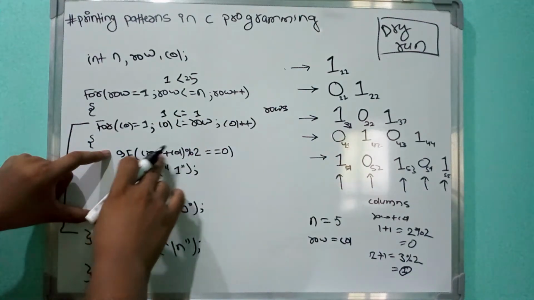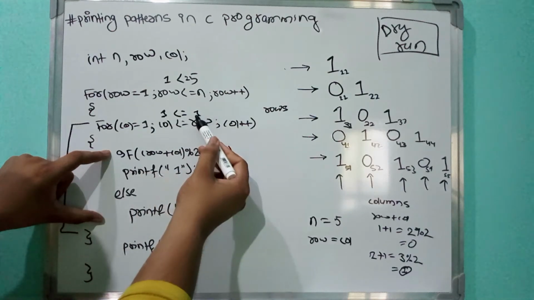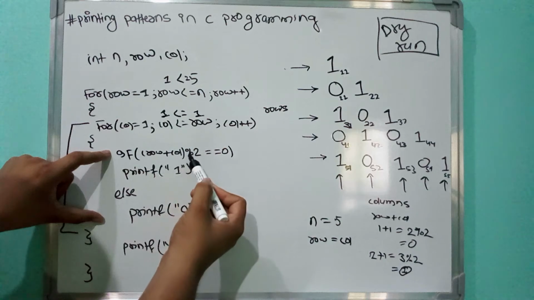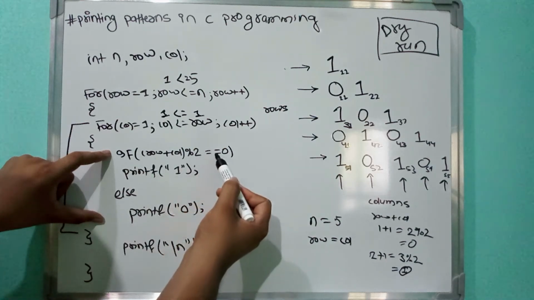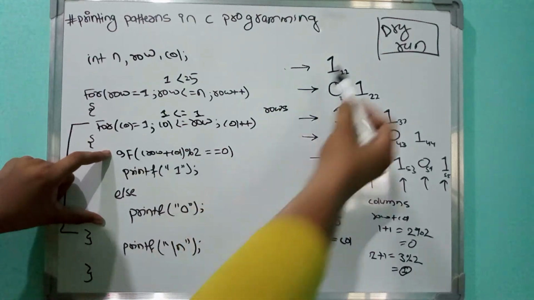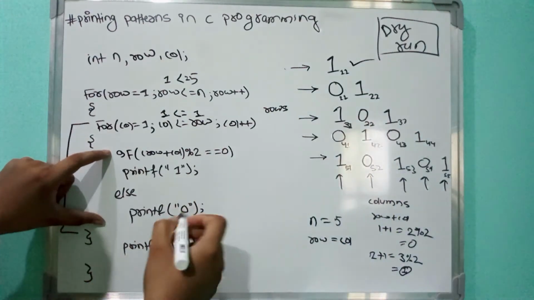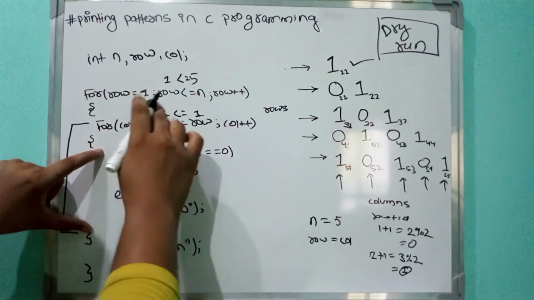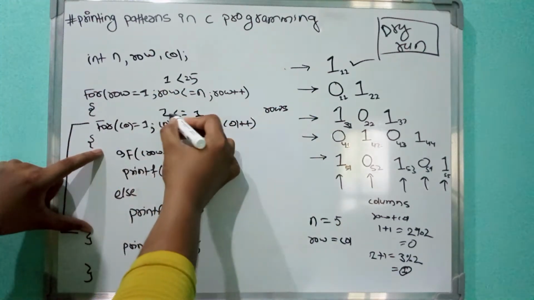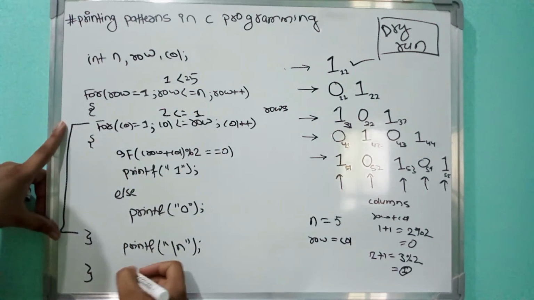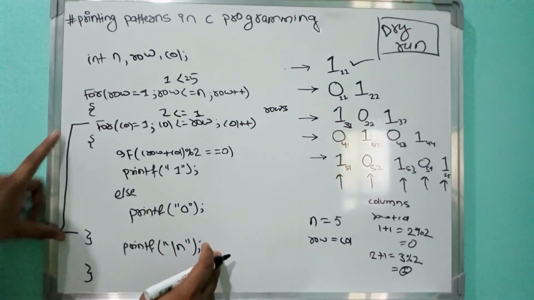If row plus column, the current row value is 1 and the current column value is also 1, 1 plus 1 is 2, remainder 2 is equal to 0, yes it is true, so it will print 1 here. Then column will be updated to 2, and 2 is not less than or equal to 1, so it will exit this for loop and change the new line.